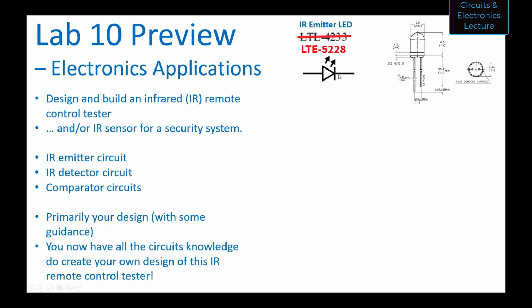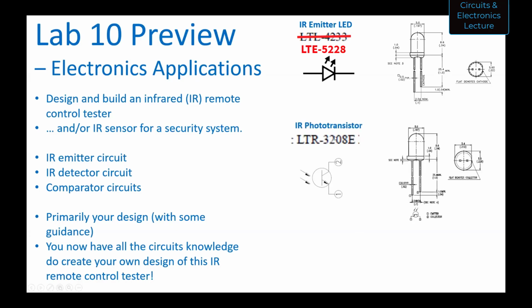It's like the light emitting diode you've used in another lab, except you can't see the light coming from it. It's infrared. So you have to check it with other means. You have to check if current's flowing through this diode by measuring voltages, etc. And I'll show you, you can actually see if you have a certain kind of camera without an infrared filter on it. You can see this infrared light with a camera.